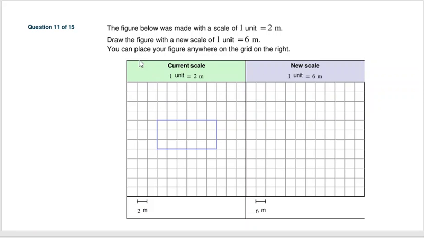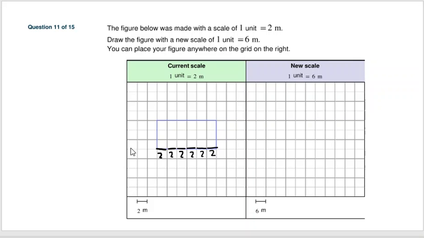Okay, so let's go ahead and look at the next one. The figure below was made with a scale of 1 unit equals 2 meters. So if 1 unit equals 2 meters, that means that this would be 2, this would be 2, this would be 2, this would be 2, this would be 2, and this would be 2, okay? So 1 unit is 2 meters.